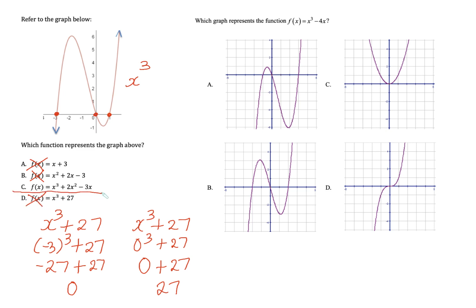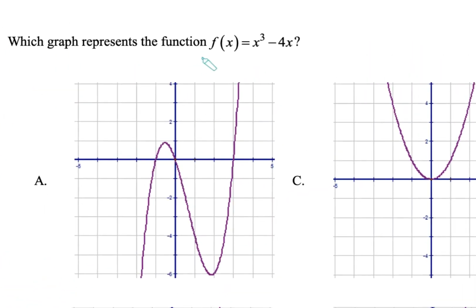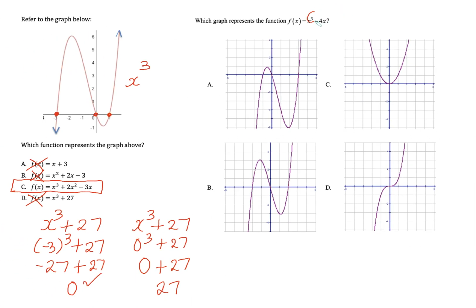C is your answer. Which graph represents the function f of x equals x cubed minus 4x? The leading exponent is a 3. So we're going to look for where our graph cuts the x-axis 3 times. 1, 2, 3.